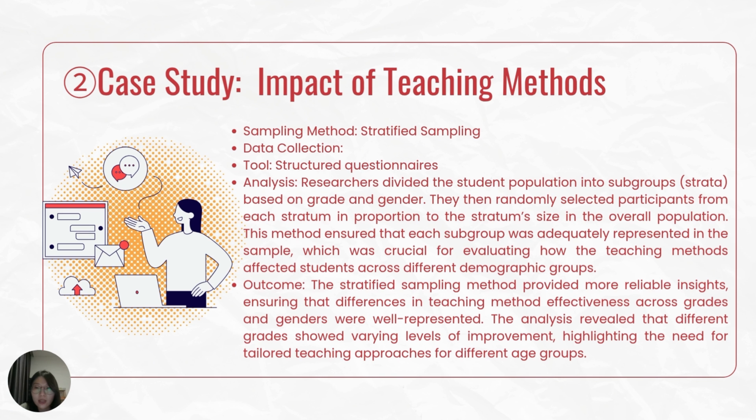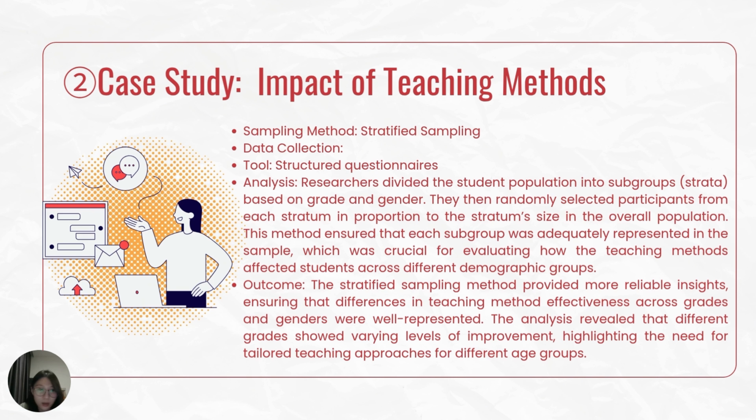They then randomly selected participants from each stratum in proportion to the stratum size in the overall population. This method ensured that each subgroup was adequately represented in the sample, which was crucial for evaluating how the teaching method affected students across different demographic groups.